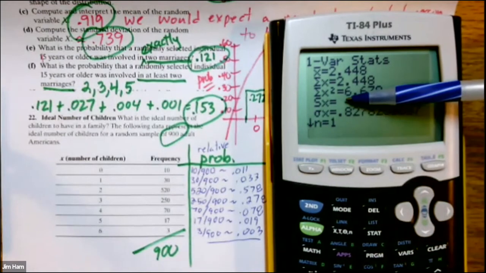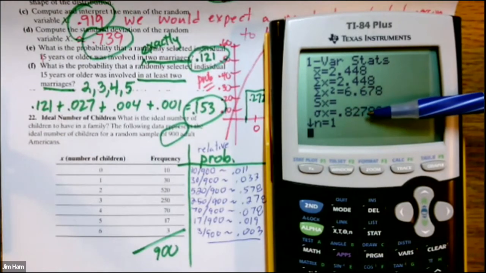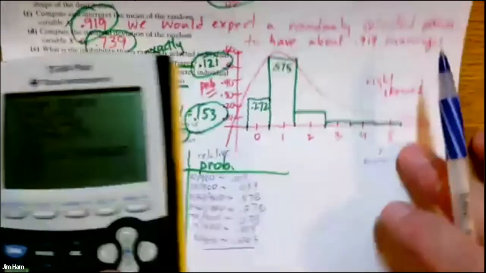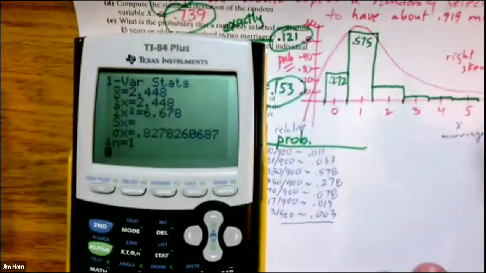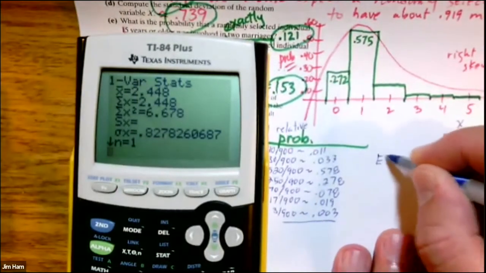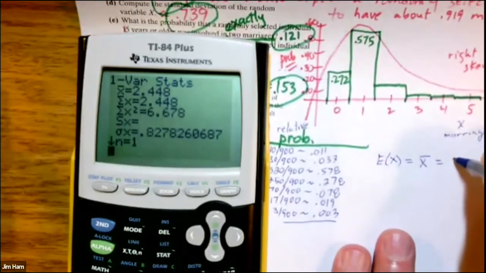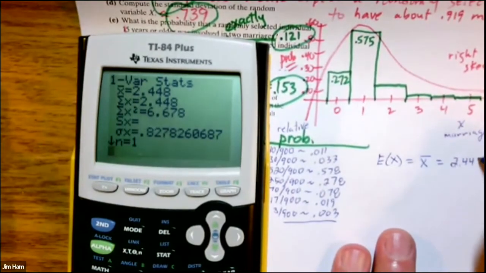Notice the standard deviation is left blank, and it does report the standard deviation. So we would say the expected value is equal to X bar on the calculator, which is 2.448.